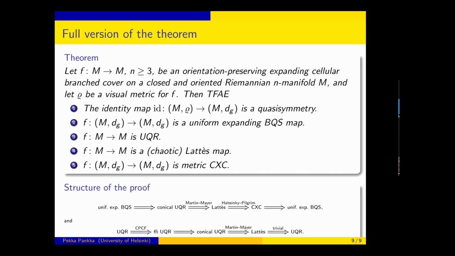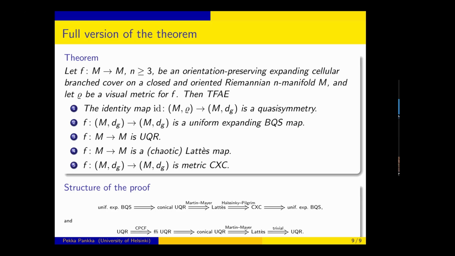And then when you have that, you get the conical property again. There's enough expansion present in the map. And then you use Martin and Meyer again to go to lattice, and then the lattice maps are in this context UQR. So the last step is trivial.